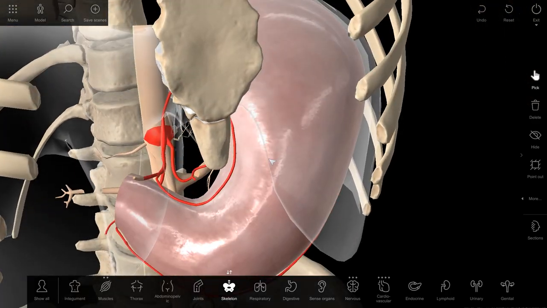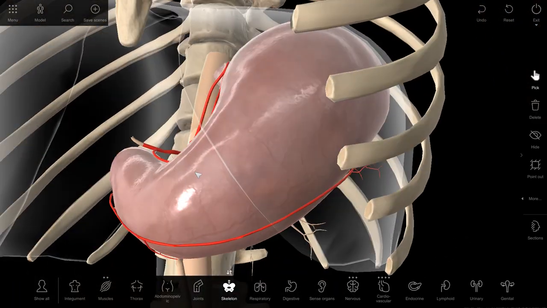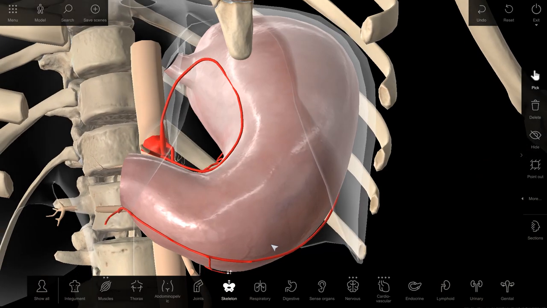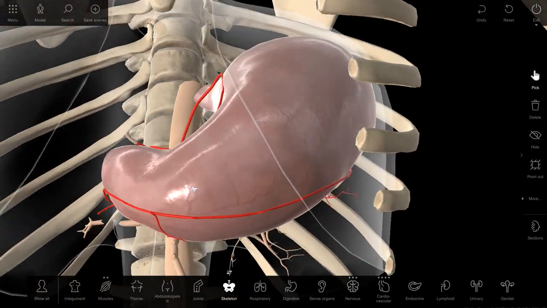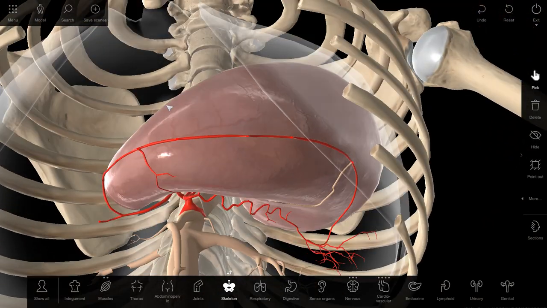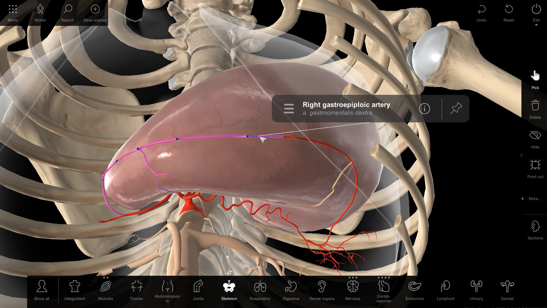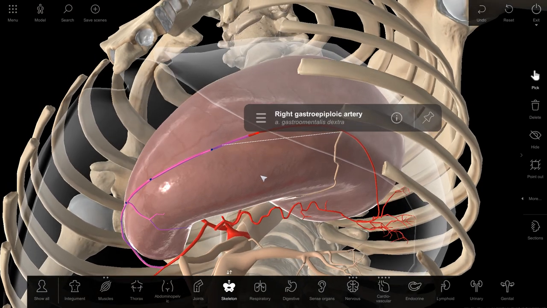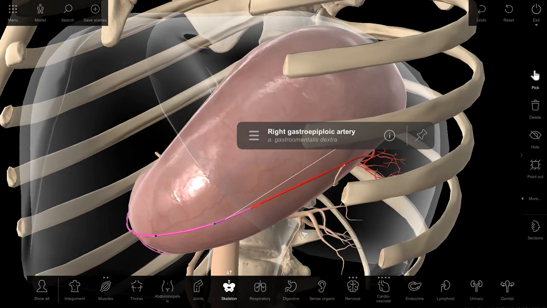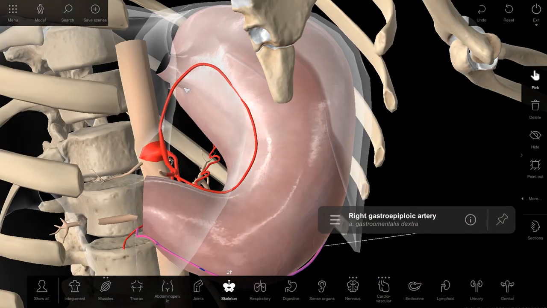Again, let us make stomach visible, and it's good possibility to see the anastomosis between two arteries on the curvatura ventriculi major and two arteries on curvatura ventriculi minor.